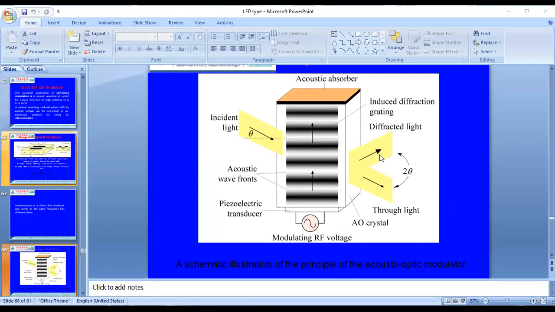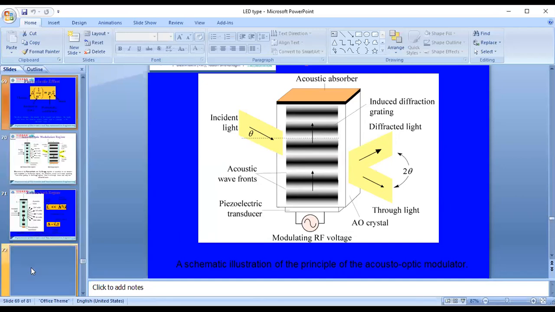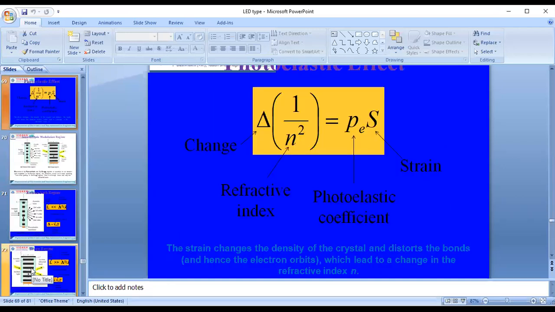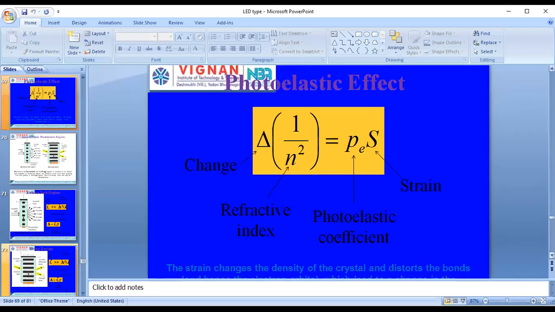Okay, and after that, if you analyze the change in refractive index with the photoelastic effect, the change in refractive index is delta(1/n^2) = P_E × S, where S is the strain and P_E is the photoelastic coefficient.